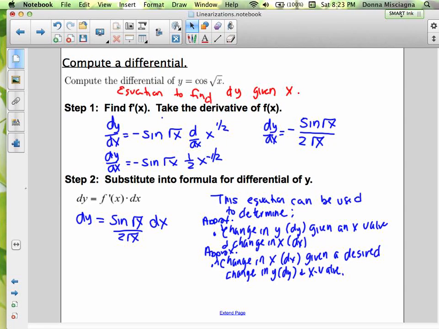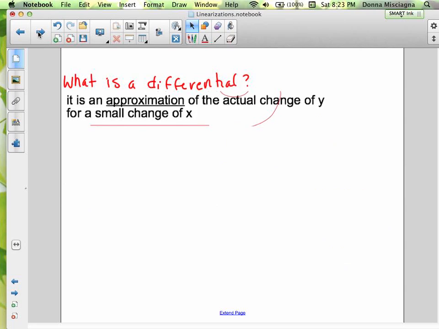And a lot of these problems will be real-world examples, so you'll have some context to these changes in y and changes in x. But this one here was just to write the equation. On the next one, we'll actually calculate the numerical differential. So what is a differential? It's an approximation of the actual change of y for a small change of x. And that is all it is.